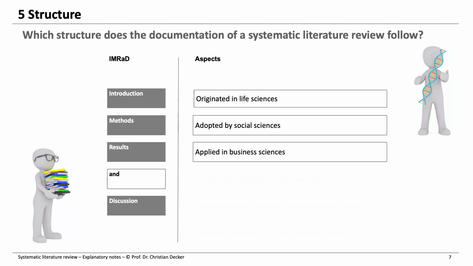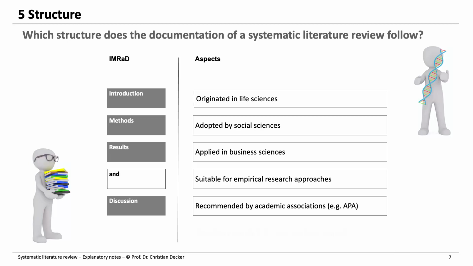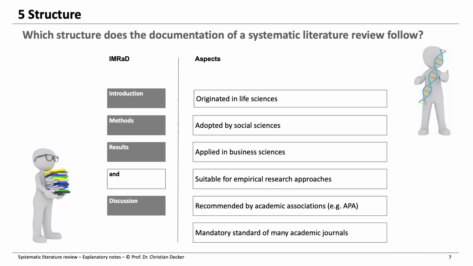As mentioned before, the IMRAD approach is primarily suitable for empirical research. This encompasses quantitative and qualitative research approaches, as well as experimental research designs. The IMRAD approach is recommended by academic associations, as for example the American Psychological Association. In many cases, the IMRAD approach is the mandatory standard for articles to be published in academic journals.